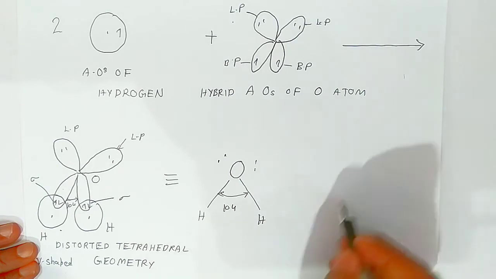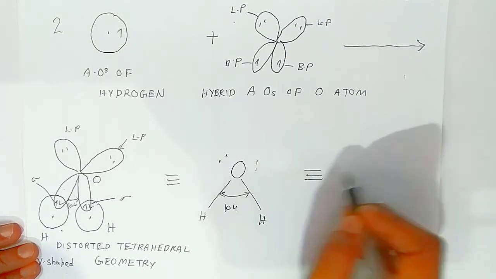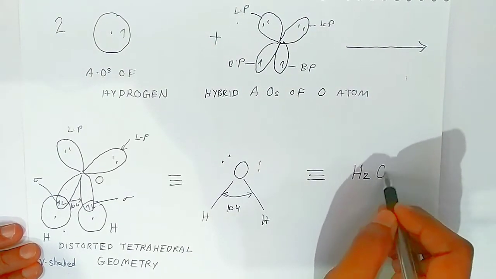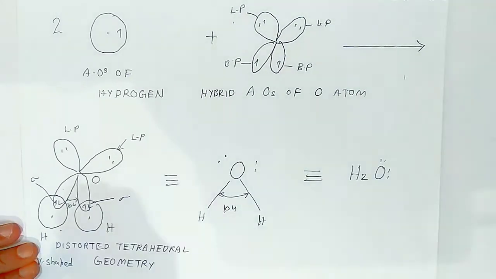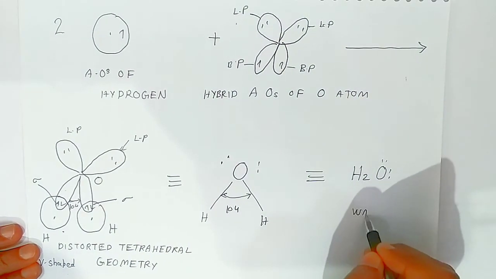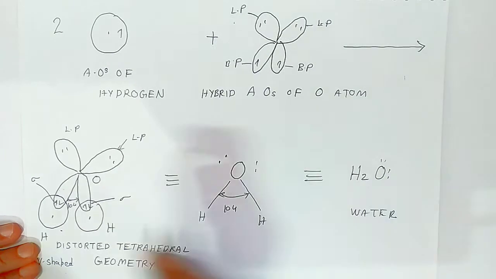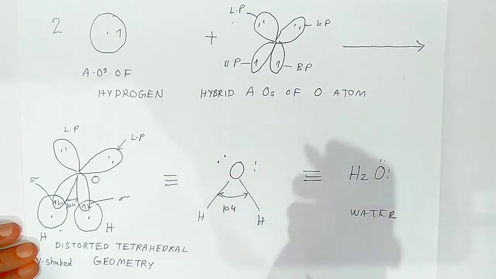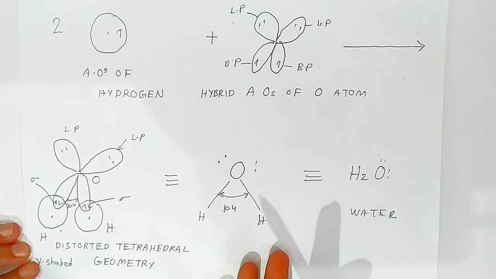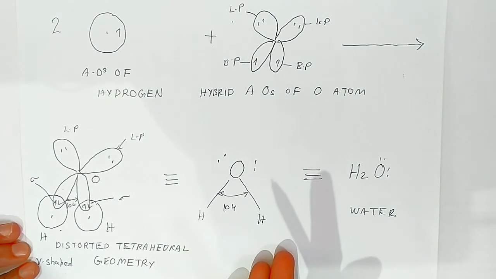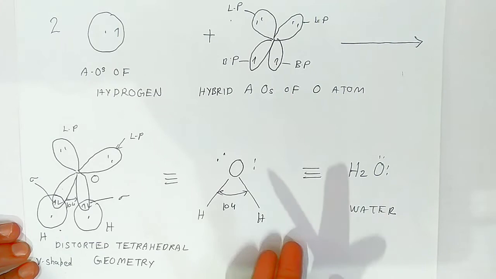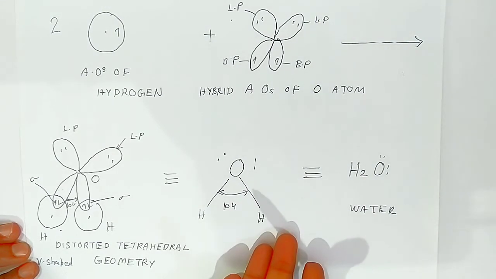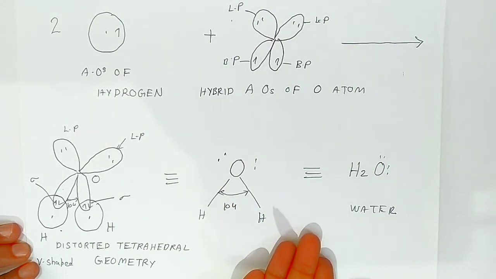So this is the structure of the water molecule, which has two lone pairs and two sigma bonds, and the angle is reduced to 104 degrees. This is the distorted V-shaped structure of the water molecule. This way we can explain the geometry and bond angle of the water molecule with the help of valence bond theory.